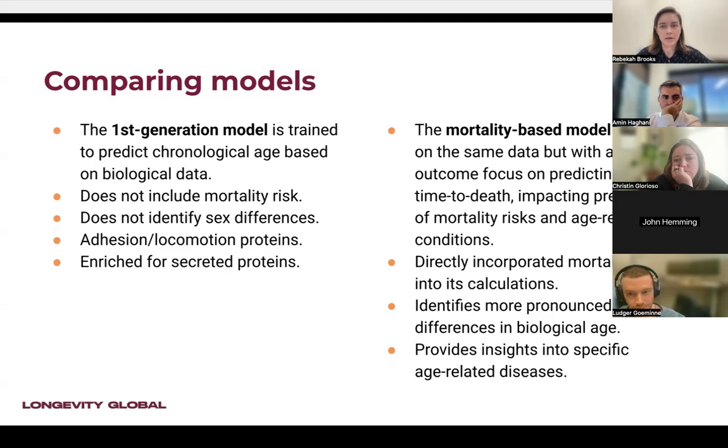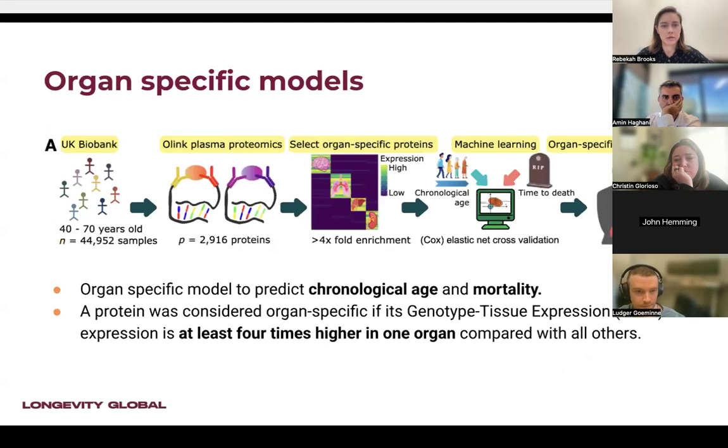So then, taking these models a step forward, next they wanted to use these models to specifically look at organ-specific clocks. In order to do this, they applied these models on proteins that they defined as organ-specific if, according to GTEx, they were 4 times higher in one organ compared to others.